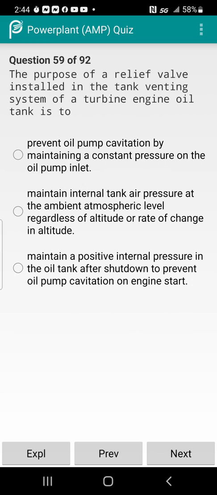The relief valve installed in the tank venting system of a turbine engine oil tank is to prevent oil pump cavitation by maintaining constant pressure on the oil pump inlet.